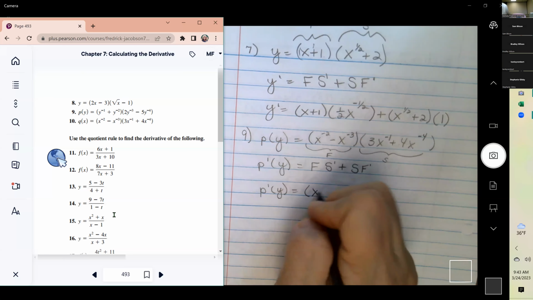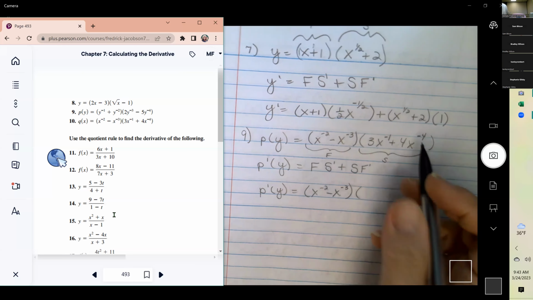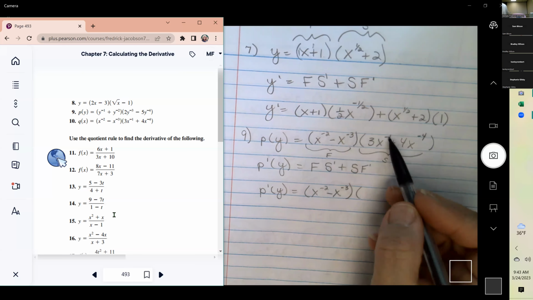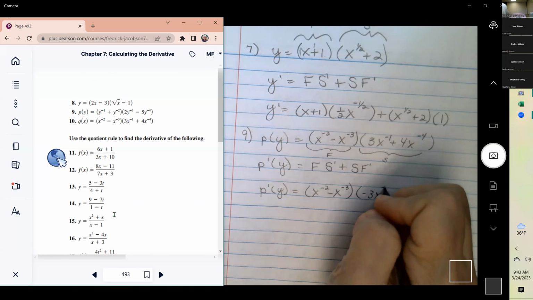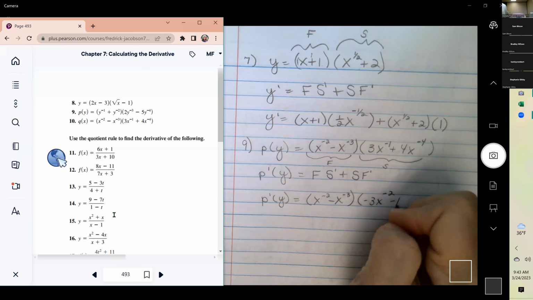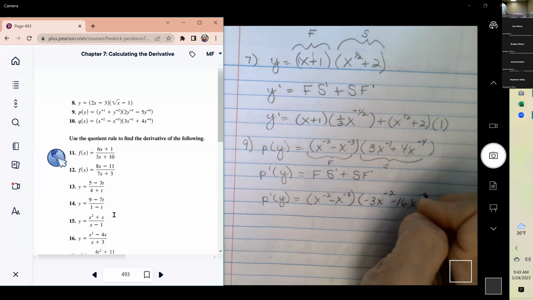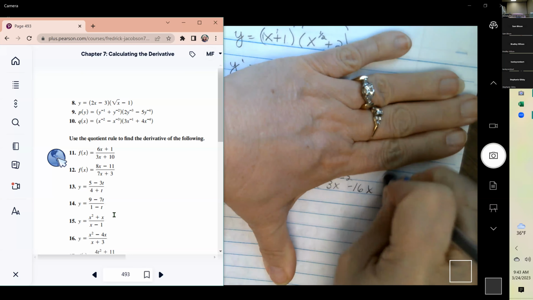First, x to the -2 minus x to the -3. Derivative of the second. -1 times 3 is a -3x to the -2. -4 times 4 is a -16x to the -5. And I squeezed it. Should have kept it smaller.